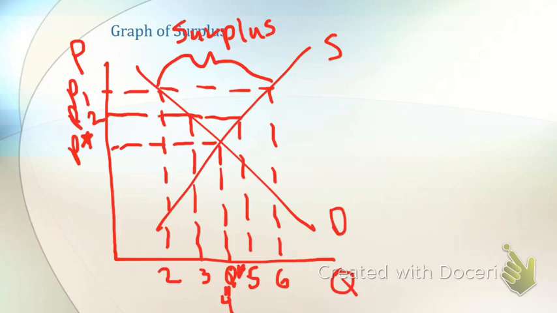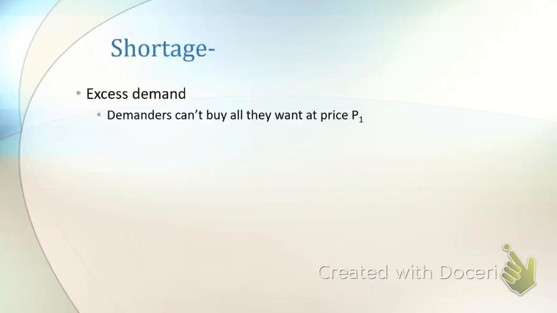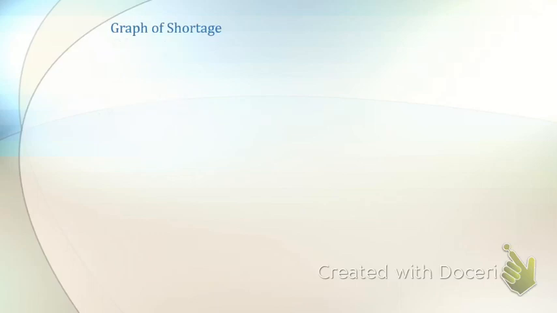All right, we're going to do a shortage, a graph of a shortage now. A shortage is when there's excess demand. The people demanding can't buy all they want at price 1. So we look at a graph of a shortage.